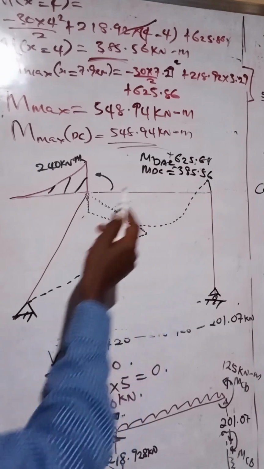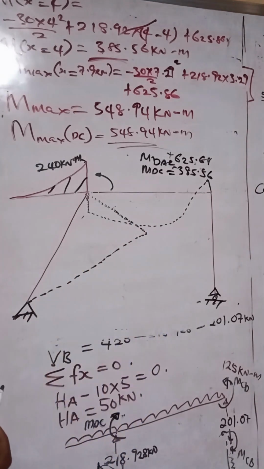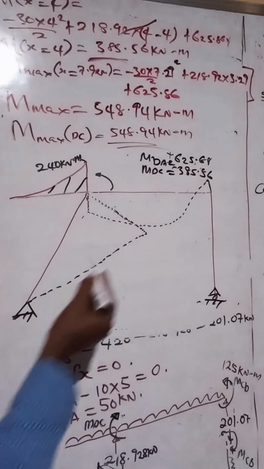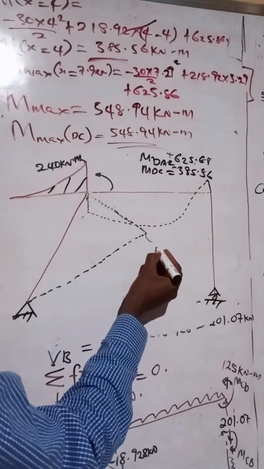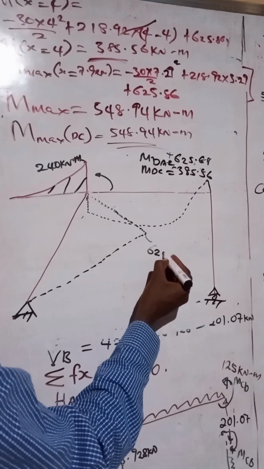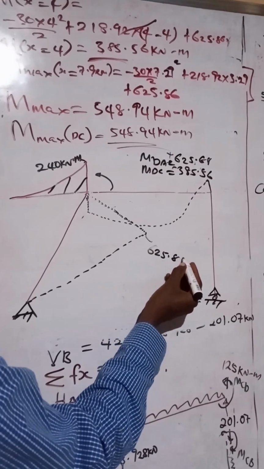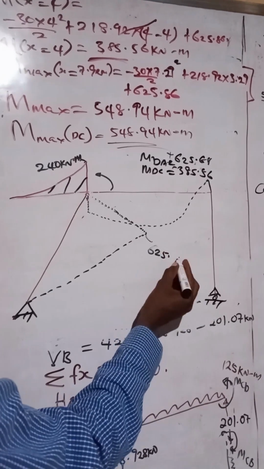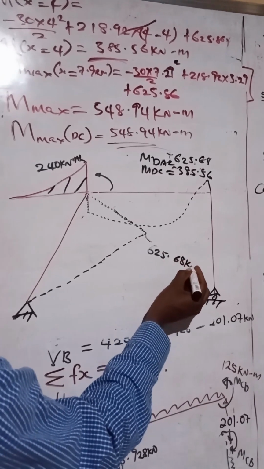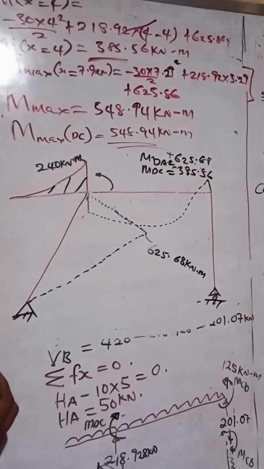This one is having a hogging moment at that point, a negative moment at that point. So now we have here 625.68 kilonewton meters.